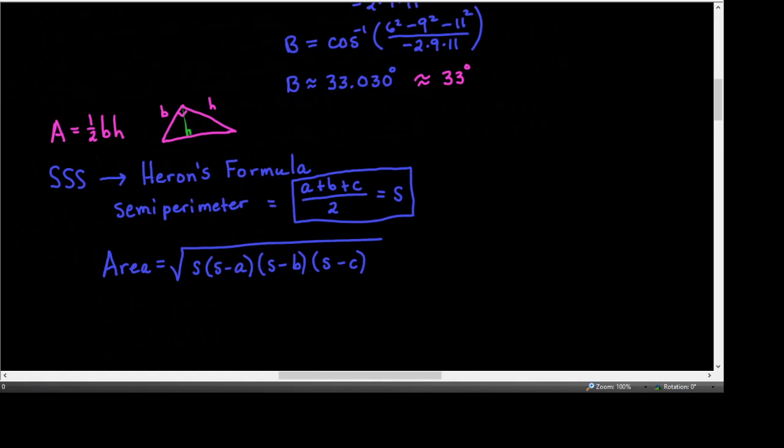So you actually end up doing all three of them subtracted from S in that formula, multiplied together times S, and that will be the area of the triangle. So that is a formula that you'll use when side, side, side is given to find the area of that triangle. And it's a two-part formula. You have to find the semi-perimeter S, and then S goes into this formula.